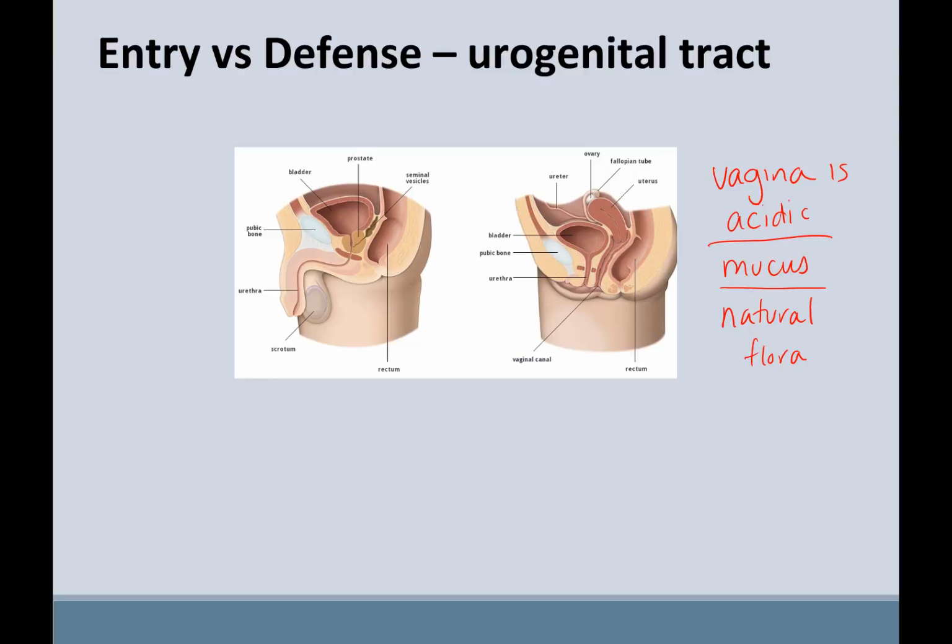For males, the biggest defense mechanism from getting urogenital tract infections, or UTIs, is that they have a large distance between the urethra and the anus.